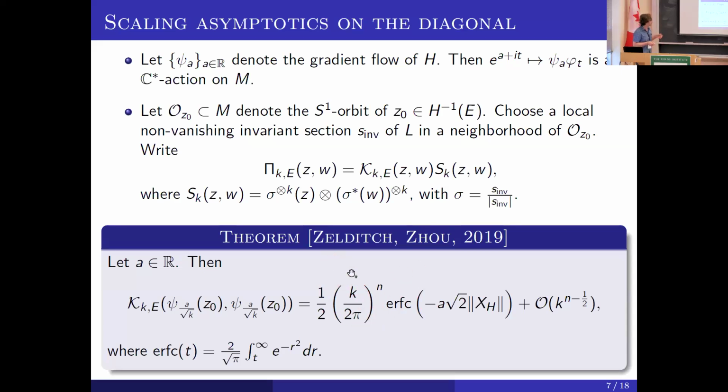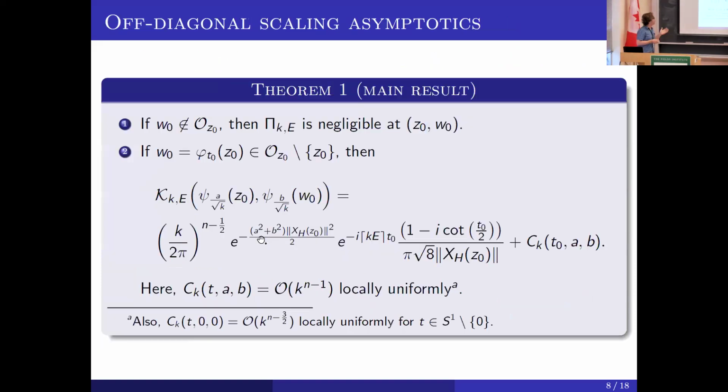This means essentially that we interpolate between the partial Bergman kernel being completely negligible, so almost 0, and recovering the full Bergman kernel, so essentially almost the identity, as we go in the gradient direction from this critical value E.